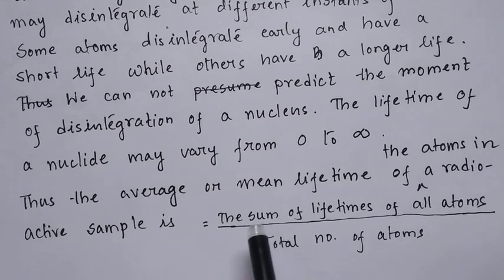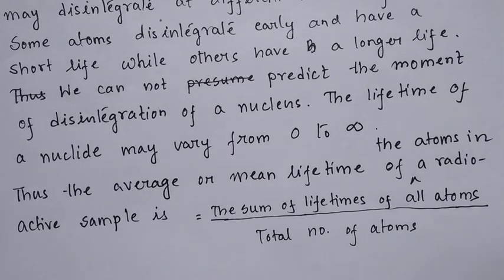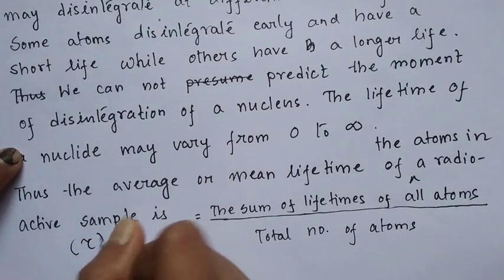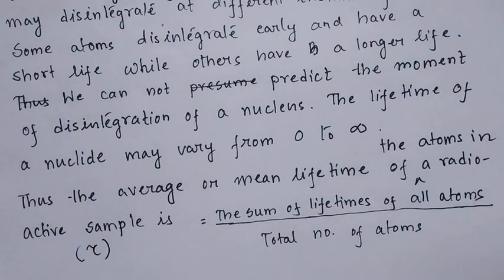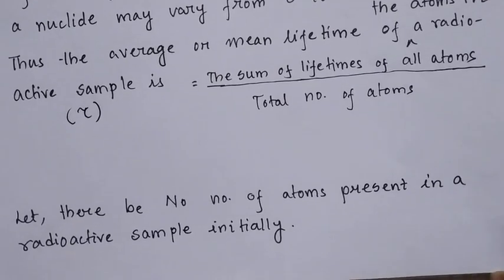It is the sum of the lifetimes of all atoms present in that sample divided by the total number of atoms in that sample. For the mean life or average life, generally we use the symbol tau. Next we'll find an expression for this mean life or average life of a radioactive sample.